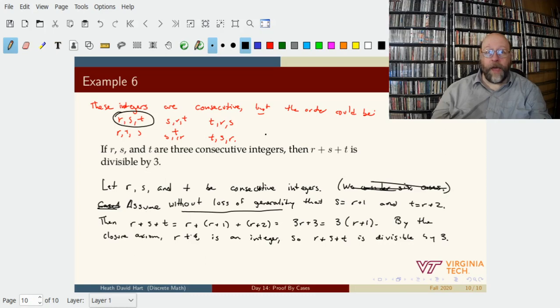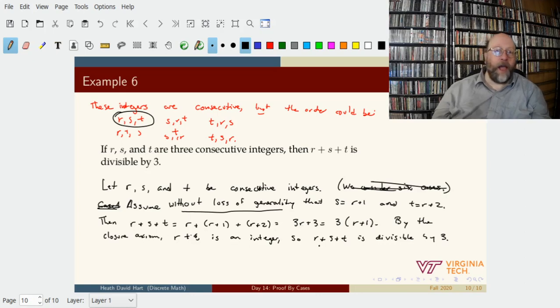And if I want to write the proof for any of these other 6 cases, I just have to move the letters around, but the calculations won't change. If s is the smallest and it goes s and then t then r, this will be s plus 1, s plus 2, 3s plus 3, 3 times s plus 1.